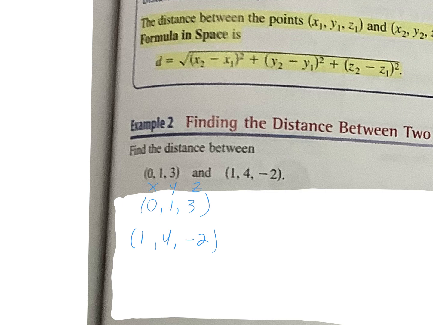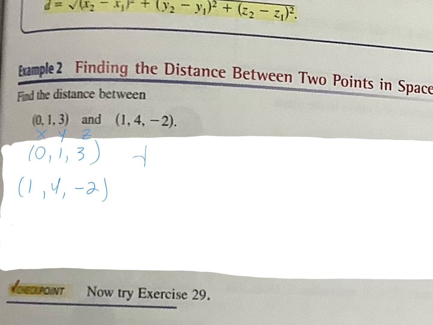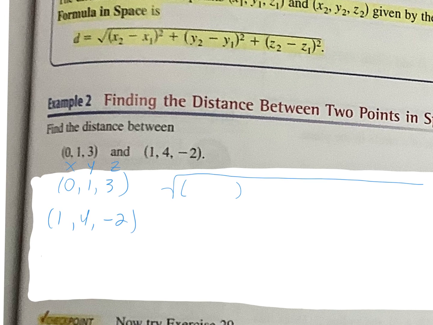Our distance formula is the exact same distance formula we have used before. We're just adding an extra variable. So you have your differences in your X's. Does it matter if I write 1 minus 0 or 0 minus 1? No, because we're going to square it, right?